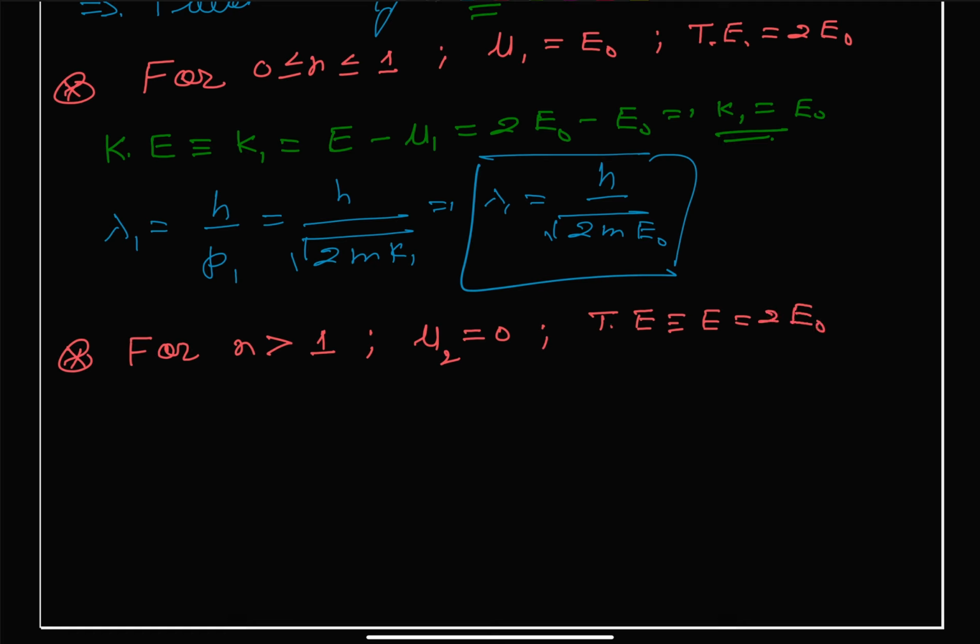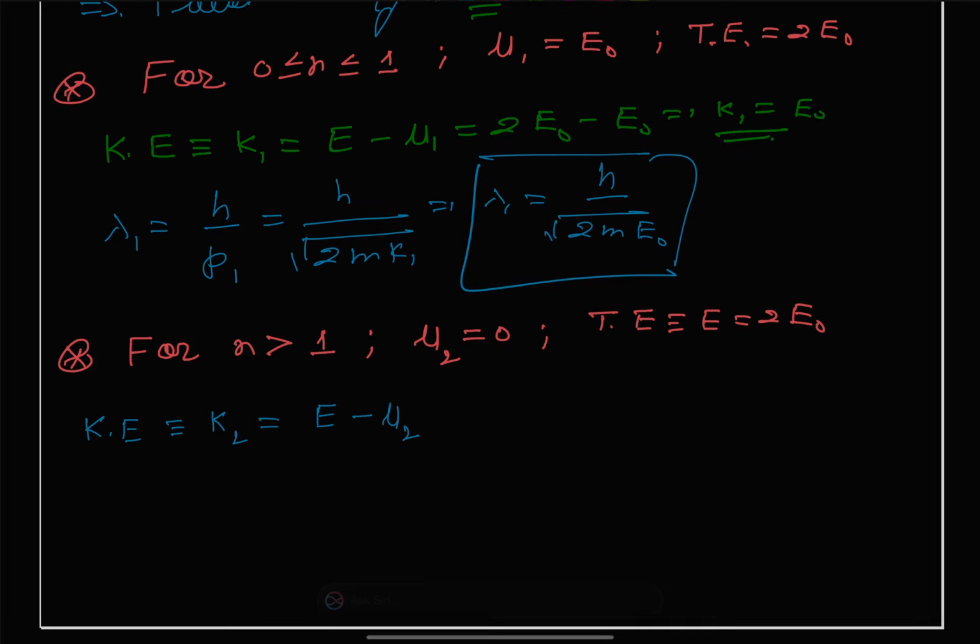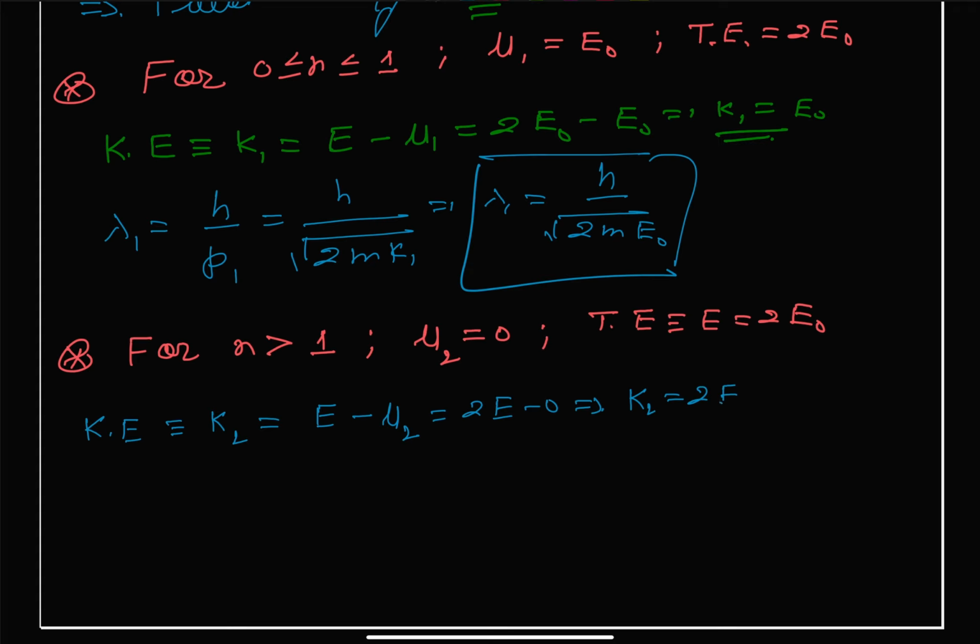Therefore, kinetic energy, let us suppose we call this K2, will be equal to total energy E minus U2, and total energy E is twice E naught. U2 is equal to 0. So from here we get K2 is equal to 2 times E naught.